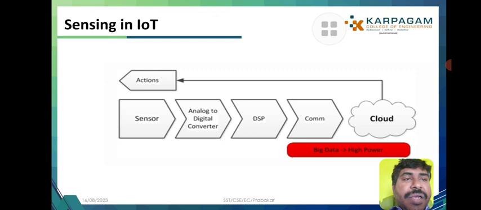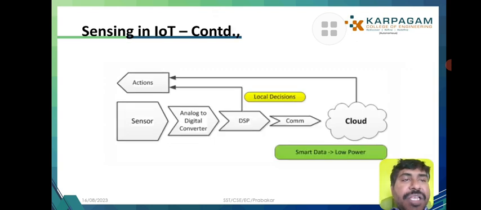It requires a lot of power, so it consumes more power. The particular sensor node fails to observe after many times, so the validity or durability becomes a question mark. It is addressed by local decision, and the actions are transferred to the cloud by the smart data with lower power.